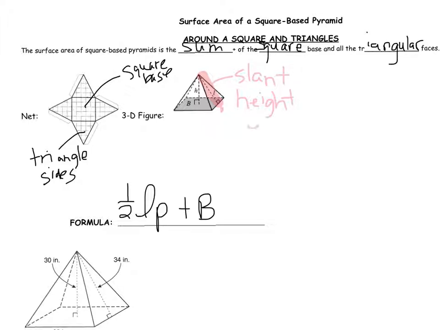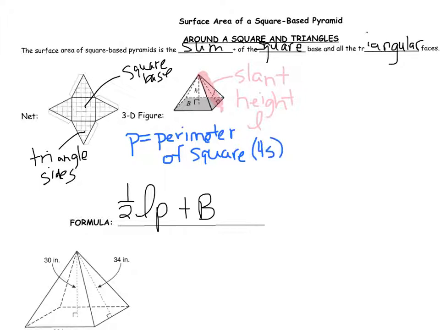Okay, so that is L. Now P. P stands for the perimeter of the square. So you'll basically just look at your formula sheet for the perimeter of a square, which is, you could add up all 4 sides if you want to, but the faster way is to just do 4 times the side length.